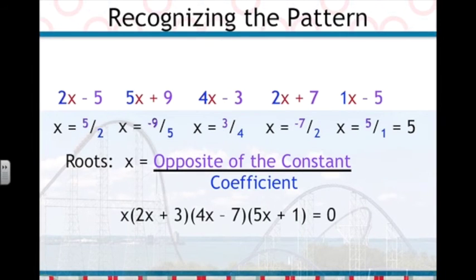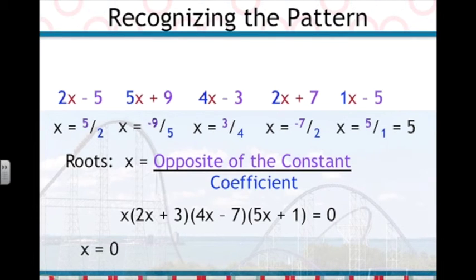For example, (x)(2x plus 3)(4x minus 7)(5x plus 1) equals 0 is an equation that has 4 roots. The first factor, x, has no constant term with it, so we could look at it as though it's x minus 0. So x would equal 0 over 1, which is 0.